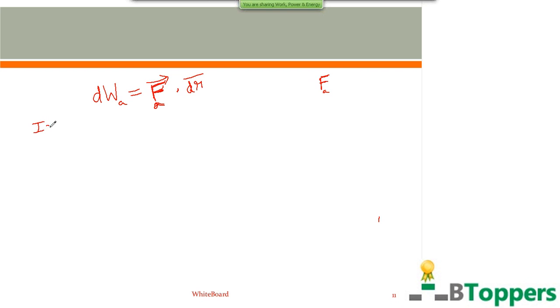So instantaneous power output of the agent, we may denote P subscript I, is equal to the average power during the infinitesimally small interval of time dt.